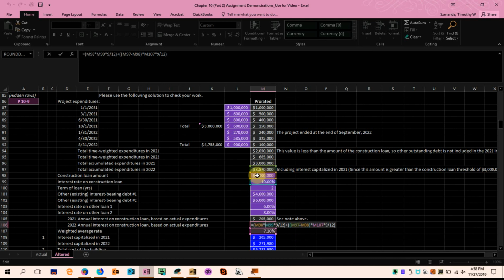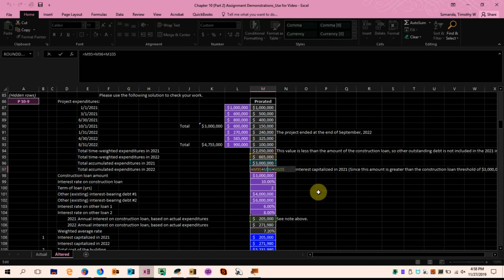And the expenditures of $3,870,000 exceeds $3 million by $870,000. So $870,000 times 7.2% times 9/12 is the other component of capitalized interest. So we wind up with $271,980 for capitalized interest on the second year loan.